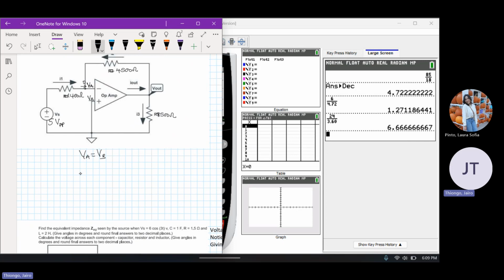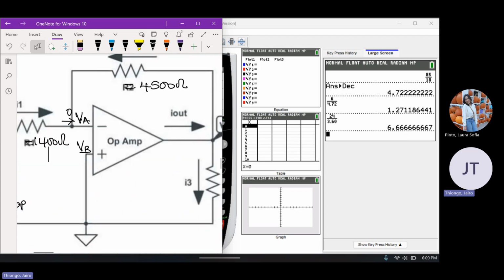Another rule is that at this point, I can enlarge this, let me delete this for demonstration, there is so much resistance that the current here is 0. It's not exactly 0, it's really small, so it's negligible.